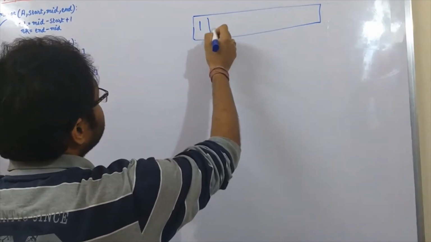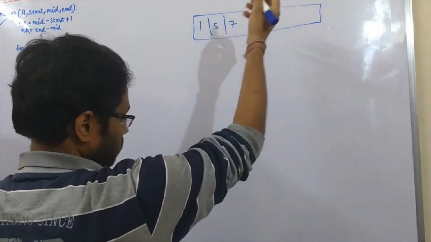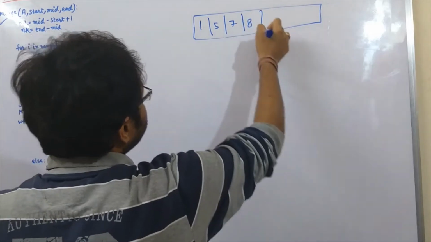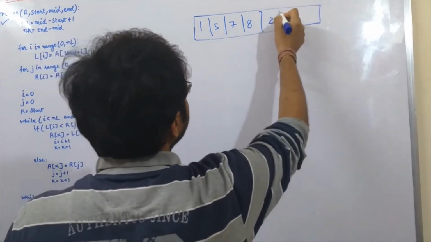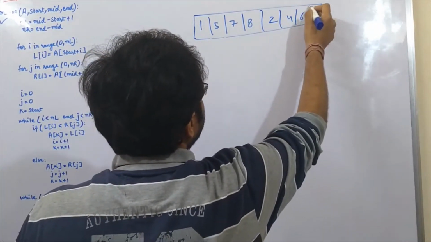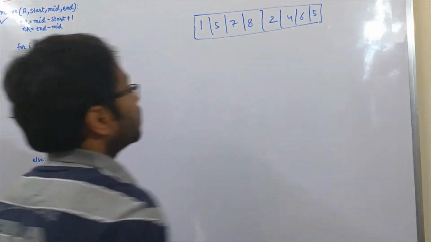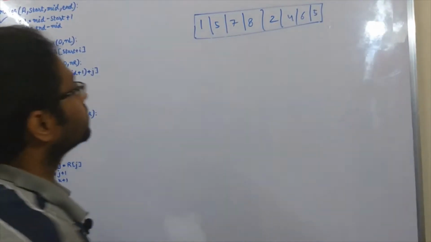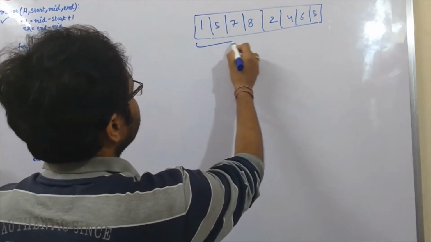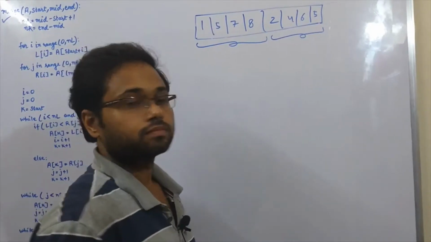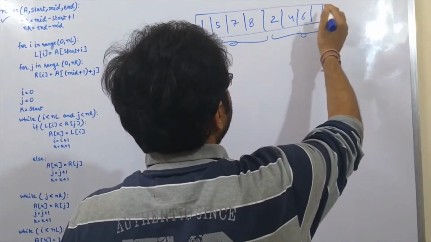The array contains some numbers like 1, 5, 7, 8, 2, 4, 6, 5. This array contains two parts. Instead of 5 it is 9.